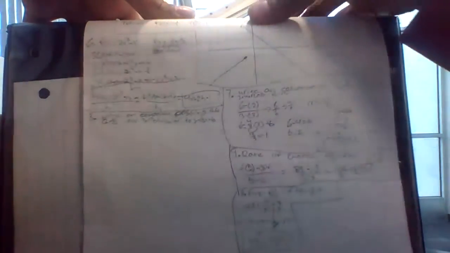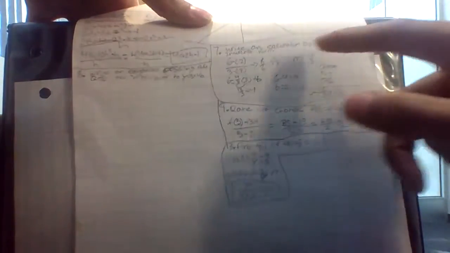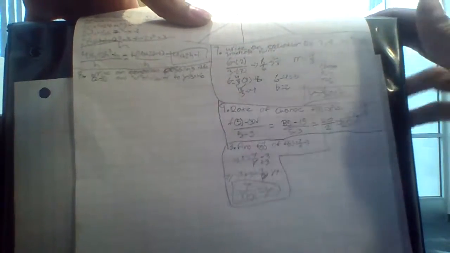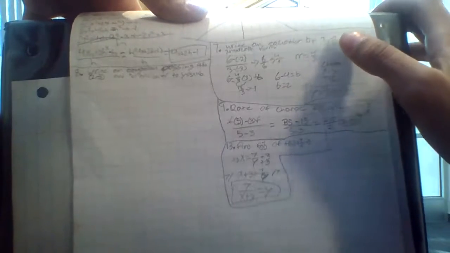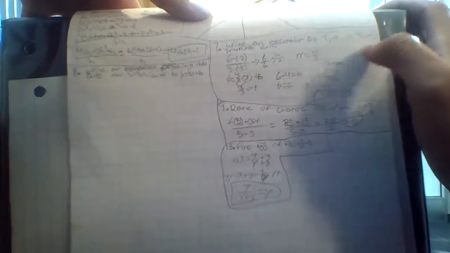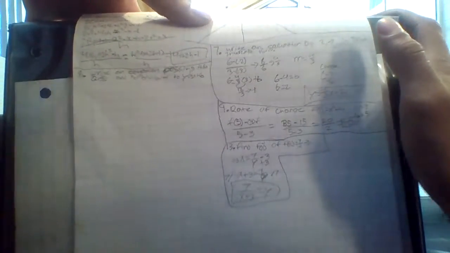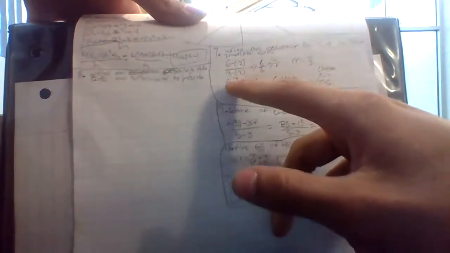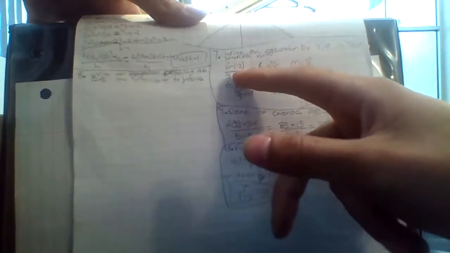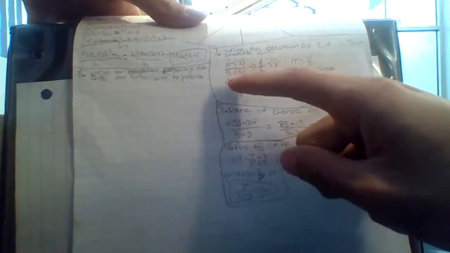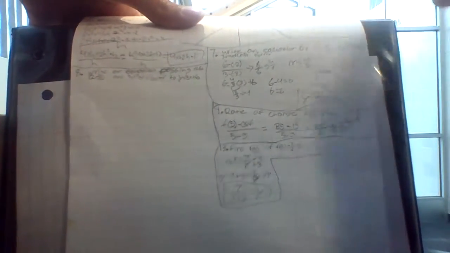So to the next one, number 7. This is write an equation of a line with the points 2 and negative 3 in slope-intercept form. So we take the points and we plug them in.